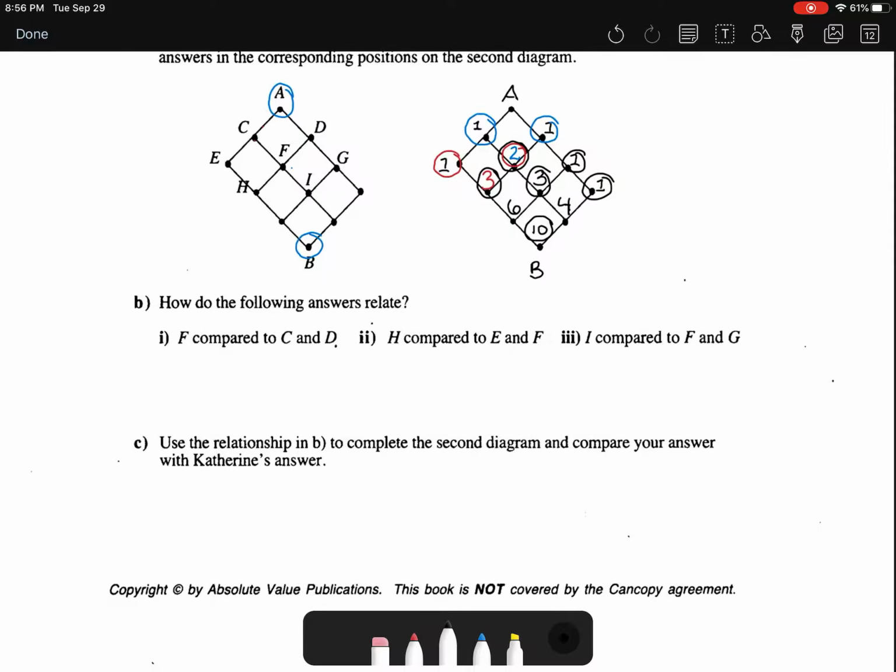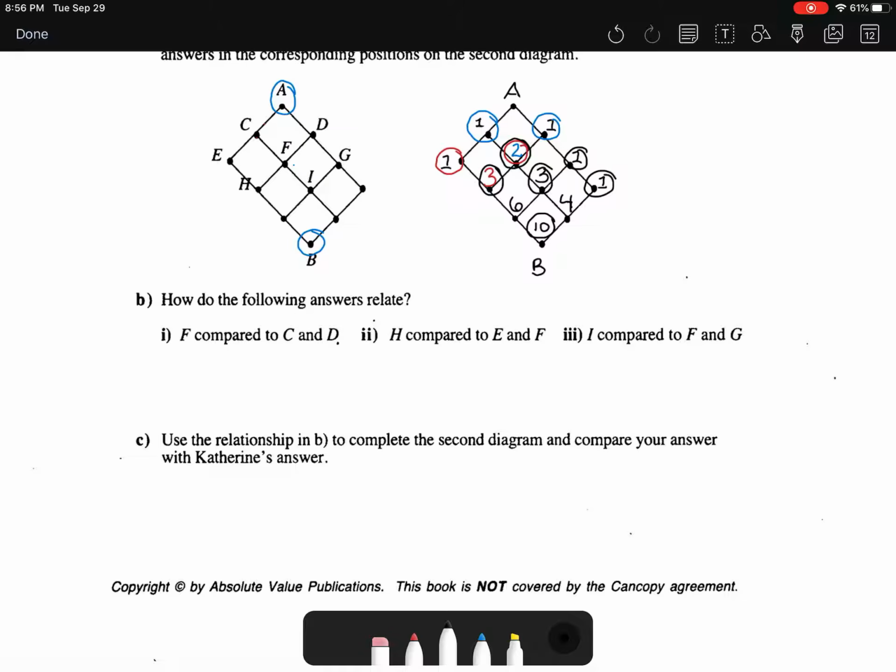To answer the questions, we've kind of worked ahead, or I did this in a slightly different order, but it asks how F compares to C and D. If I take a look at that, C plus D gives me F, so F is equal to C plus D. How does H compare to E and F?